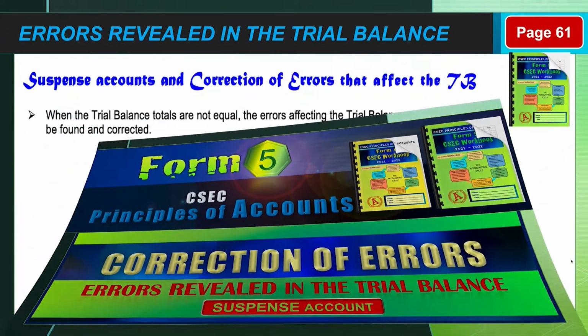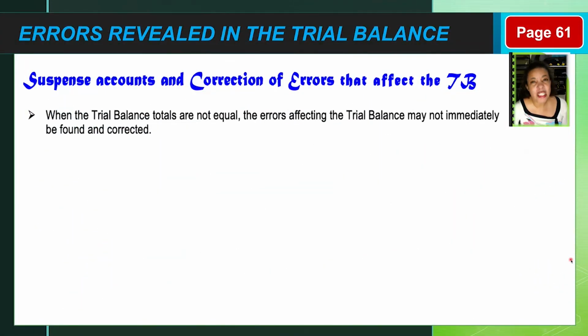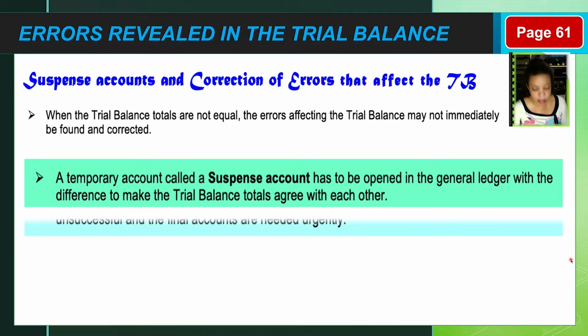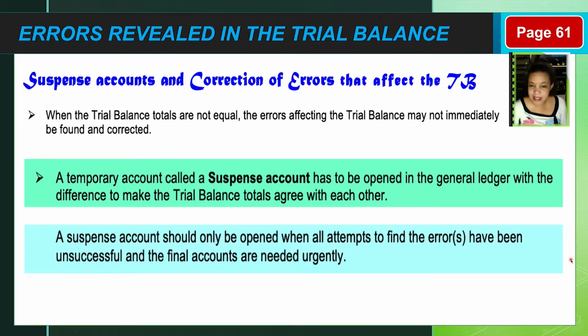Now, when that happens, we need the trial balance to balance. Okay, and we need to do our income statements and we need to do our balance sheet. So the first thing we really should do is go and look for the error. But if we cannot find the error, then we have to open a temporary account called the suspense account.